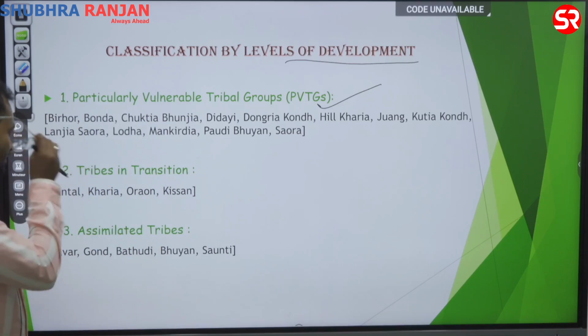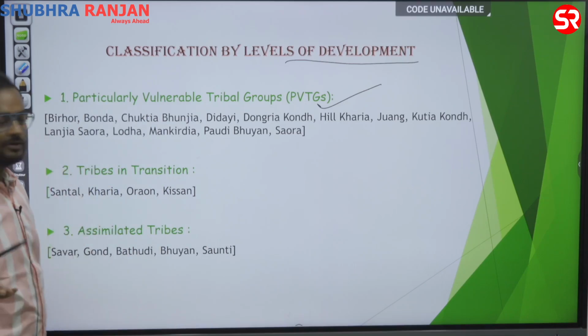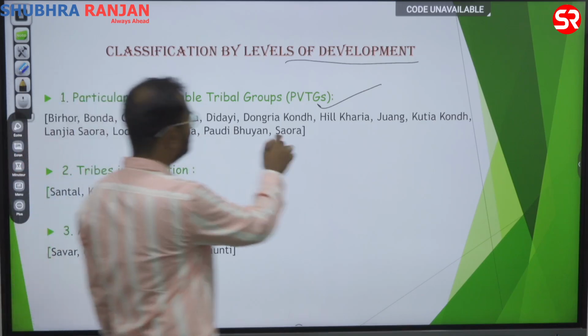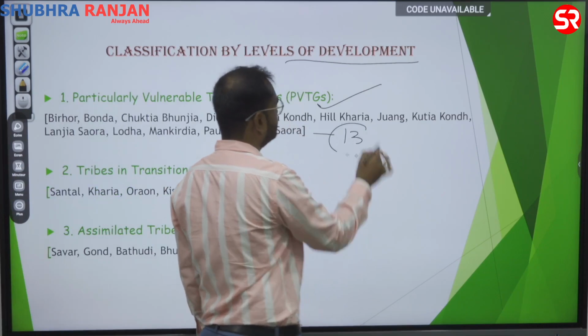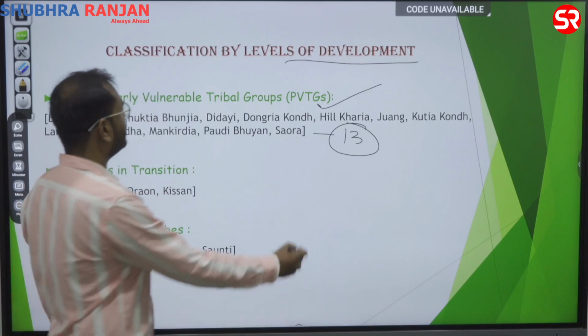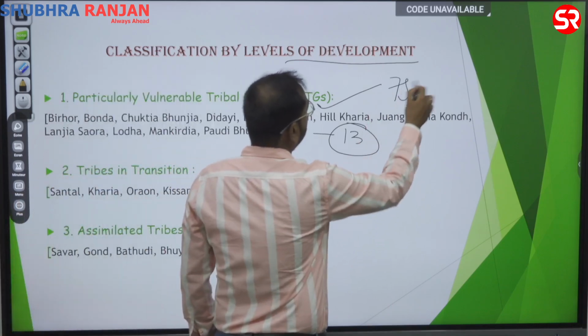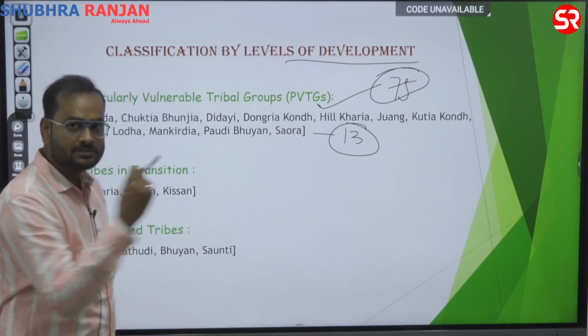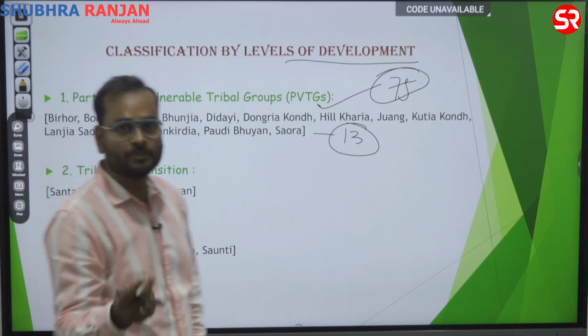Okay. So in Odisha, I have already said how many PVTGs are there. You can count them all. It will be 13, and it is the largest number again. Out of how many? 75 in India. Odisha has 13. Okay. So these snippets and facts should be on your fingertips.